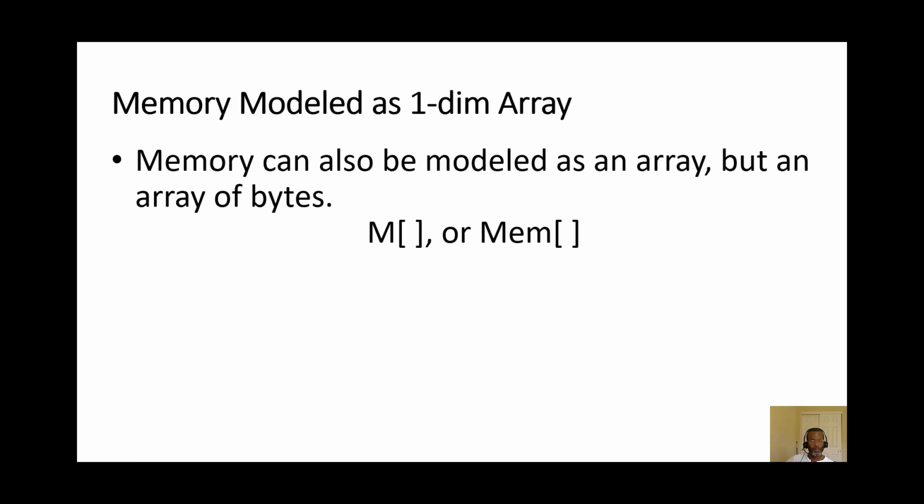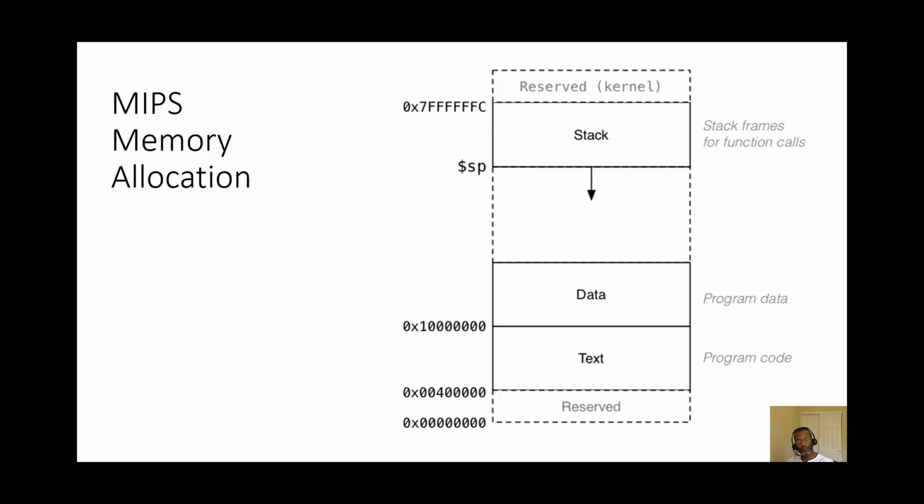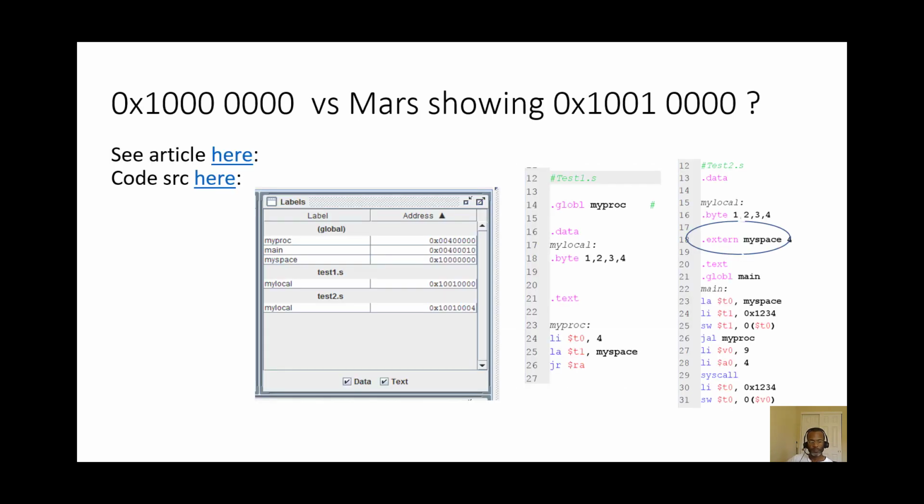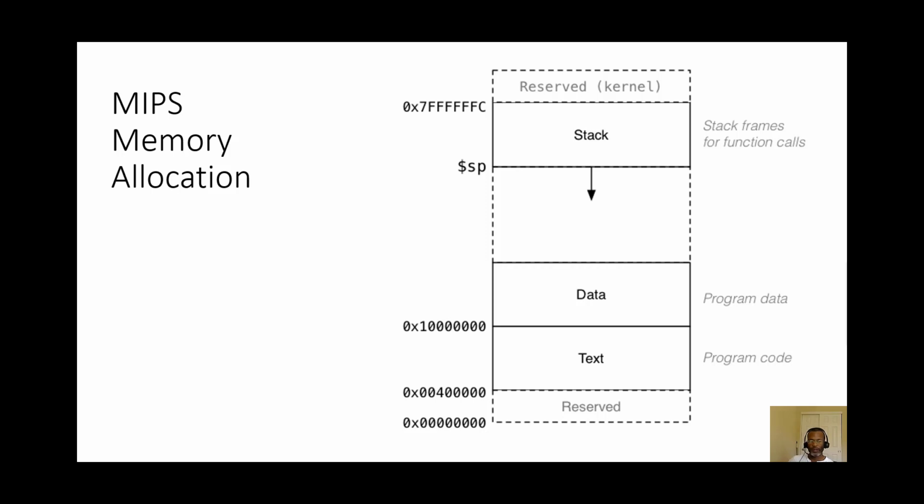And we've talked just a bit about memory. Memory is also going to be modeled as a one-dimensional array. So given that memory can be thought of as being analogous to an array, there are areas that are set aside for different functions, essentially.